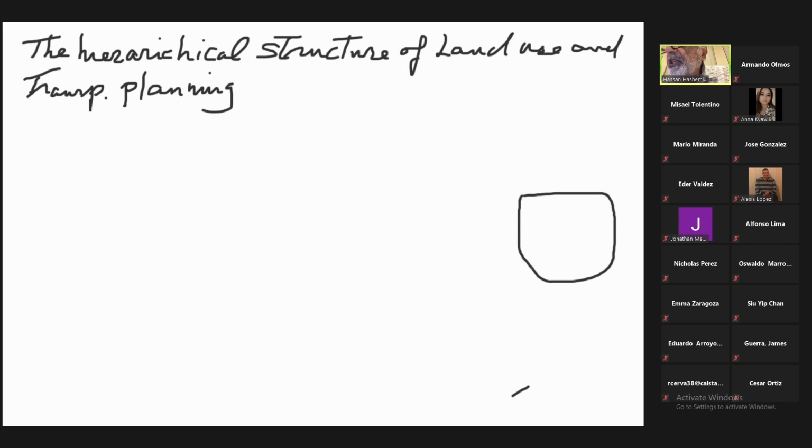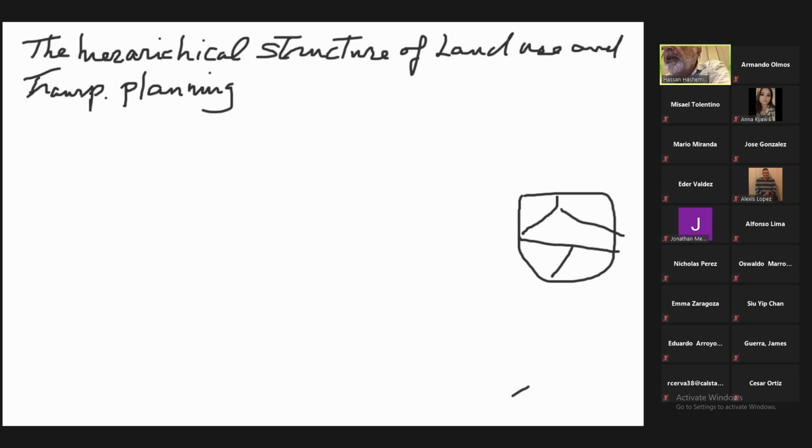So if this is your city, they give you this. And as you see here, it is divided into different sections, and each of those sections tells you how the land is being used.